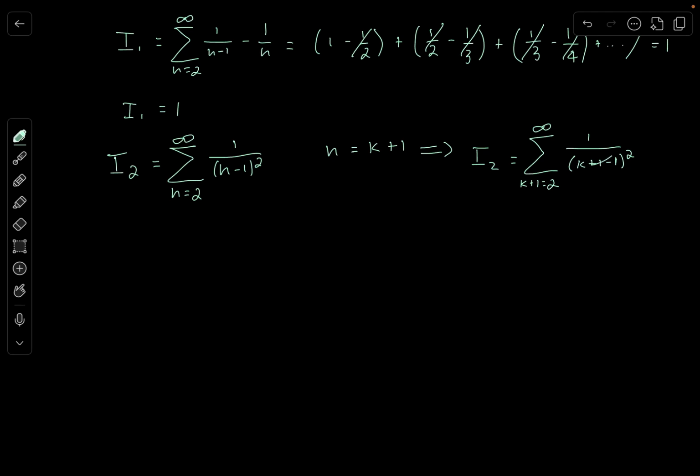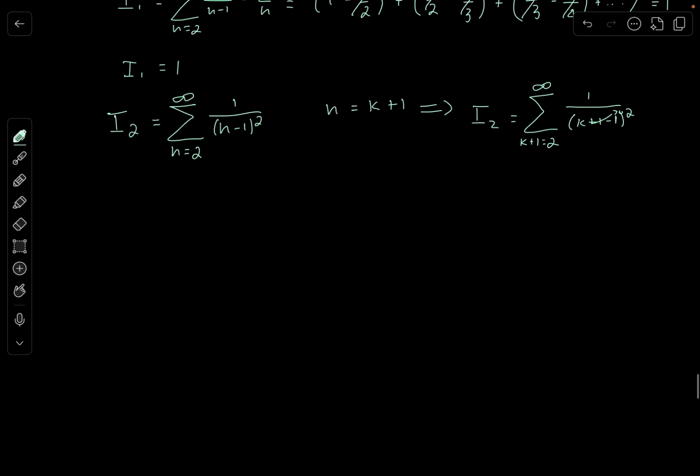And obviously these go to 0, and then we'll get I sub 2 is equal to the sum from k equals 1 to infinity, just by moving this 1 over to the other side here.